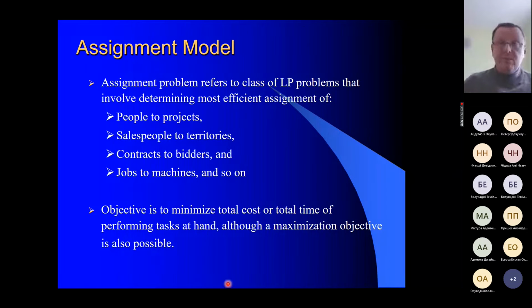Despite looking like absolutely different things compared to the transportation problem, exactly the same mathematical methods could be applied depending on which resource and circumstances we have. Again, the same objective: minimize total cost, total time of performing the task at hand. Maximizing objective is also possible.